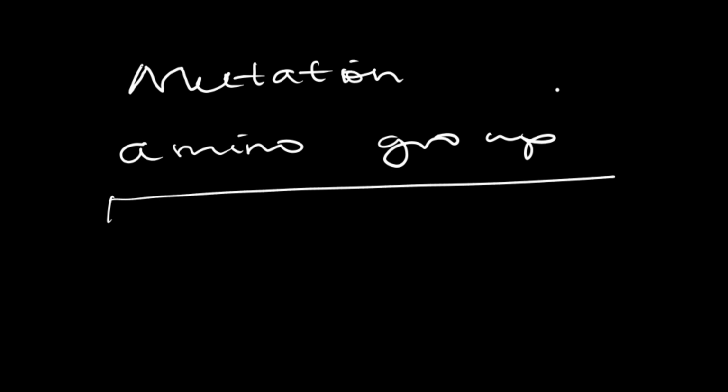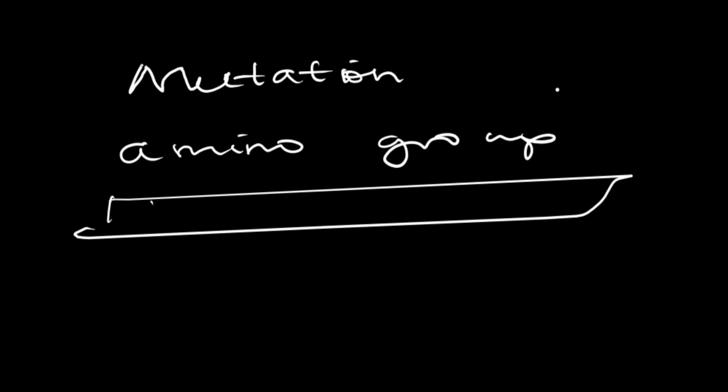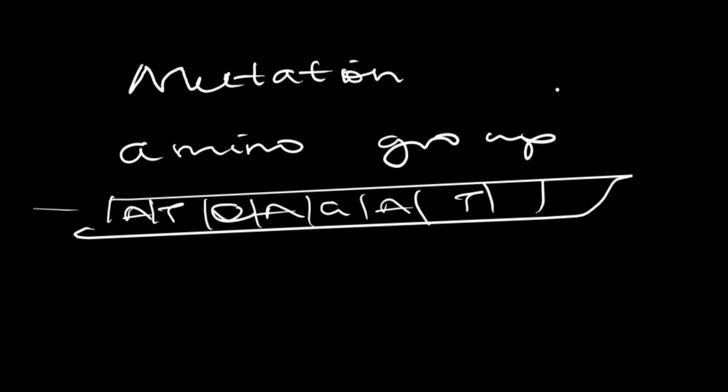Let's take, for instance, this is your genetic base. These are your bases, right? You have your adenine, thymine, guanine, cytosine, guanine, adenine, thymine, and so on and so forth. Mutation can occur where you remove this thymine base, thereby changing the entire genetic code.